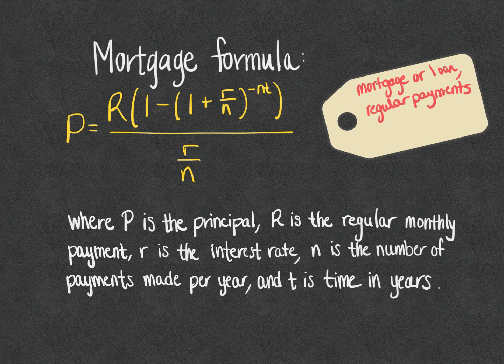So while it's called a mortgage formula, you might also see it called a loan formula in various places. Again, if it says simple interest, this formula does not apply, but for all other loans, it will.